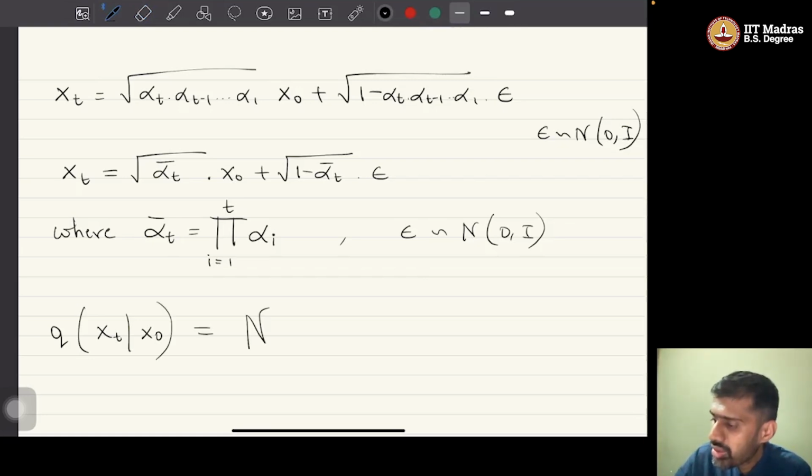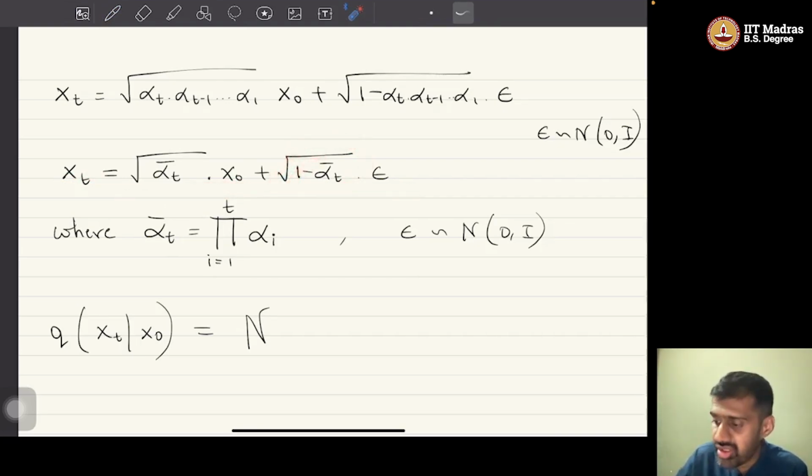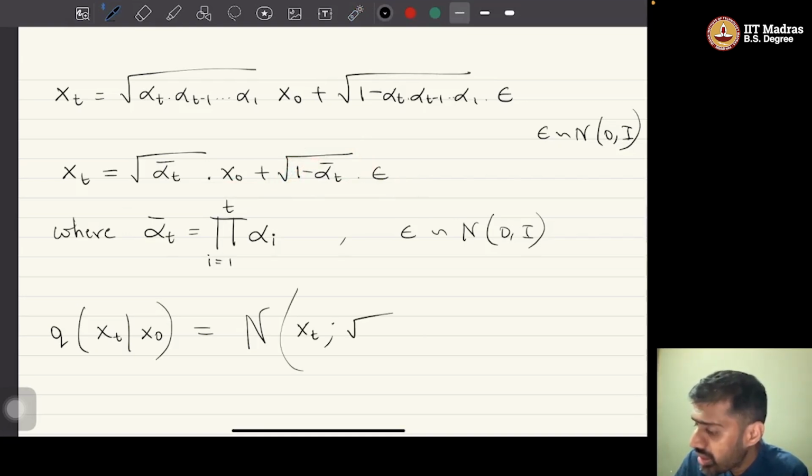Why? Because xt is a scaled and shifted version of an isotropic Gaussian, which is again a Gaussian distribution whose mean and variance are given by the scale and the shift. The mean is root of alpha t bar times x naught, and the variance is 1 minus alpha t bar times the identity.